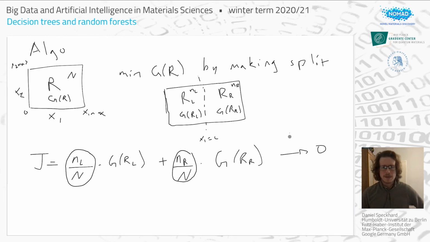And we only make the split if this j here is less than the original Gini of the total region. So we have some initial Gini here, and if the split gives us some value of j that's less than the original Gini, well then it means that we were able to make the purity of our two regions, weighted by the number of data points in those regions, purer than what we had originally. Then we should go ahead and make that split.